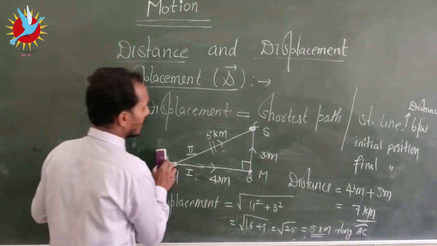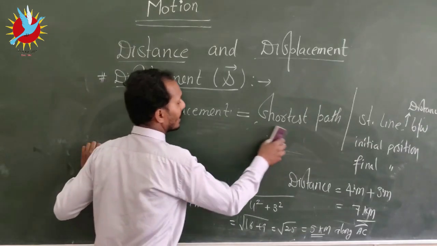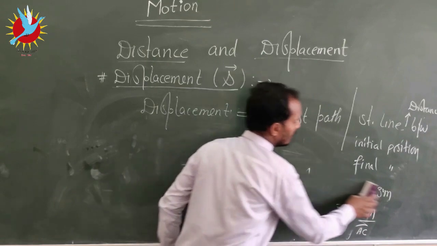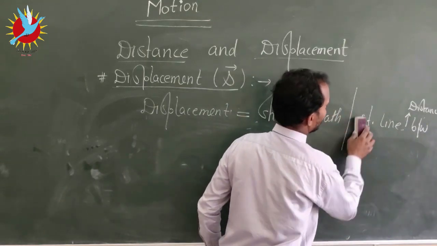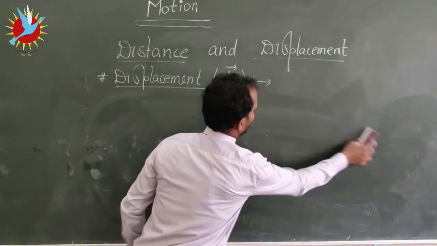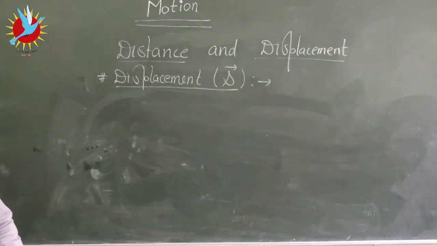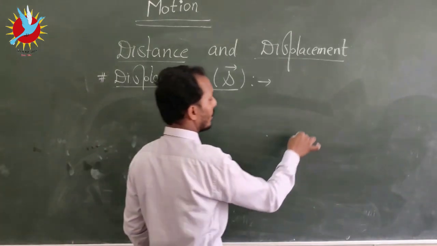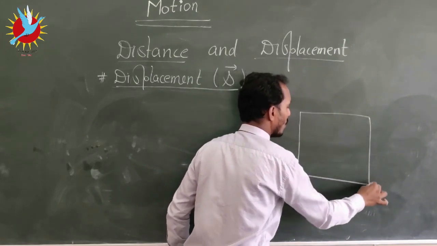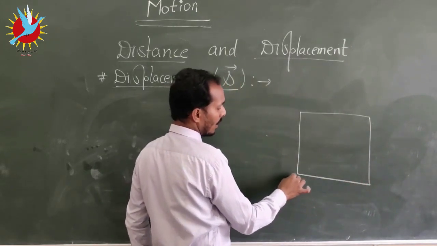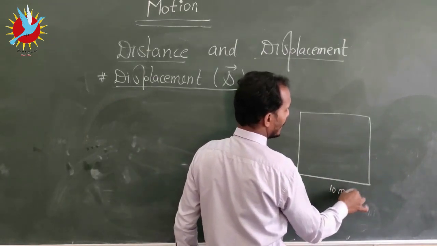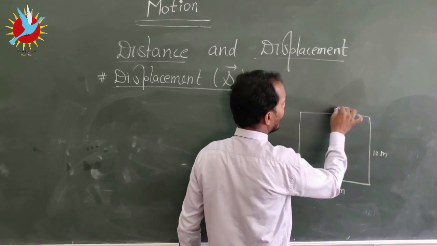Now come to the point. Take another example of displacement. Suppose a farmer walks around the corners of a square shape with sides of 10 meter.